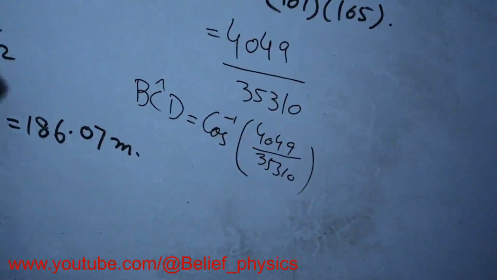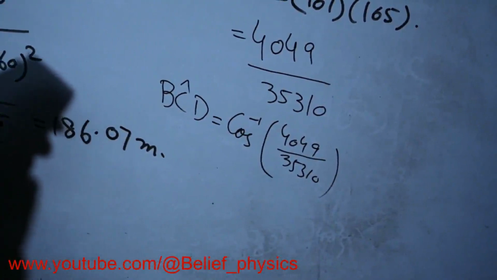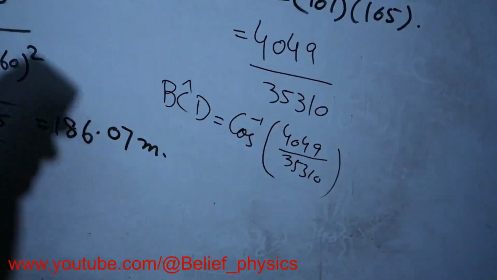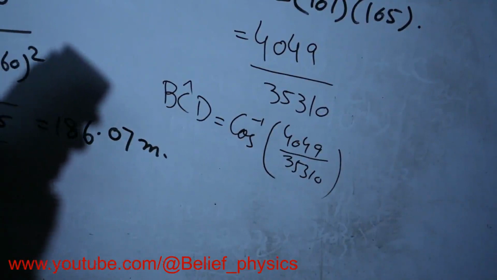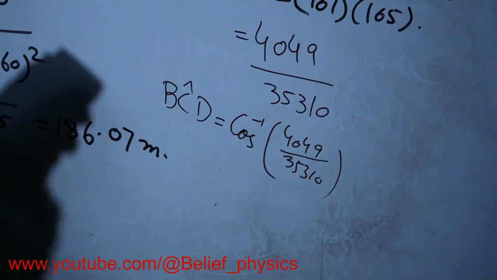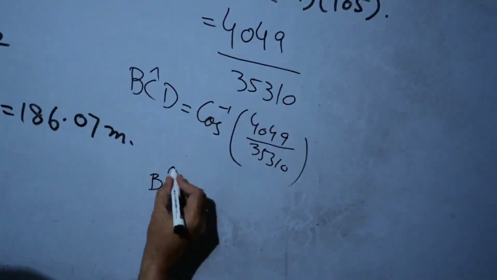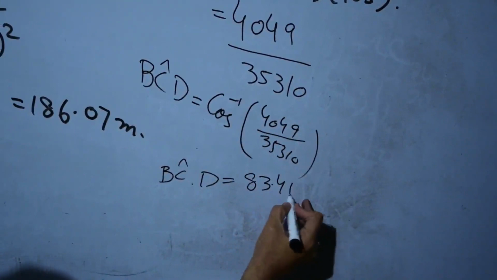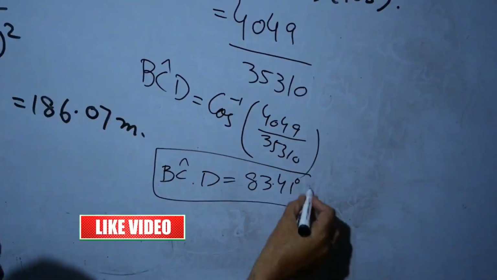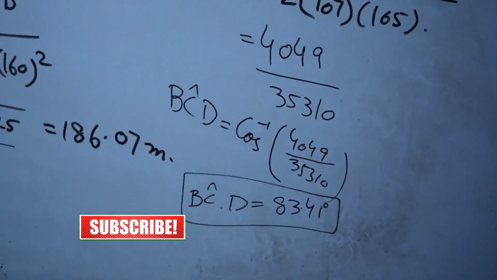In the calculator I will do shift cos inverse of 4049 divided by 35310, and this comes out to be BCD is equal to 83.41 degrees.